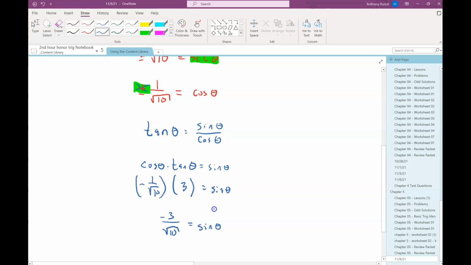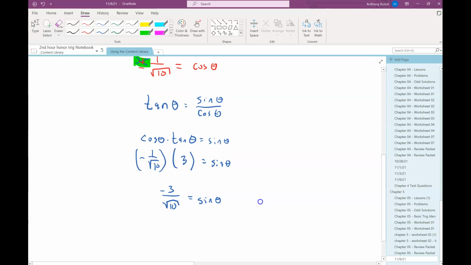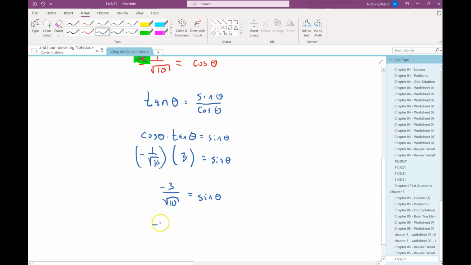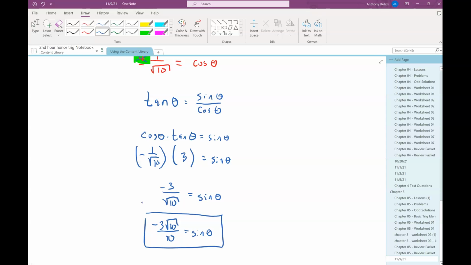So sine theta should be negative 3 over the square root of 10, or if we rationalize our denominators, which we probably would be asked to do in the directions, we end up with negative 3 square root 10 over 10.